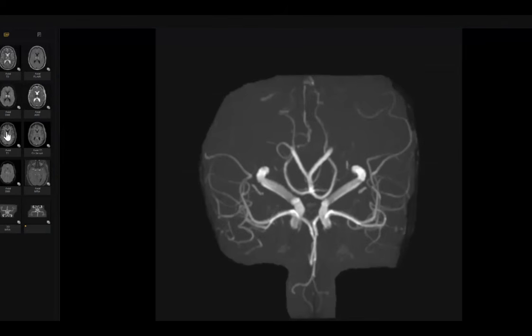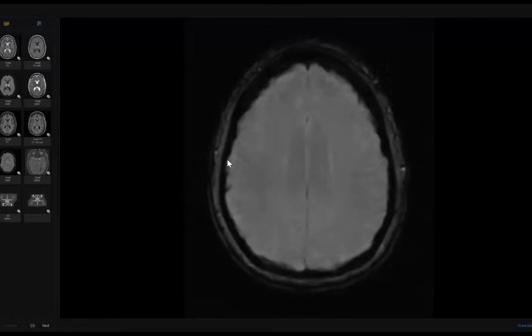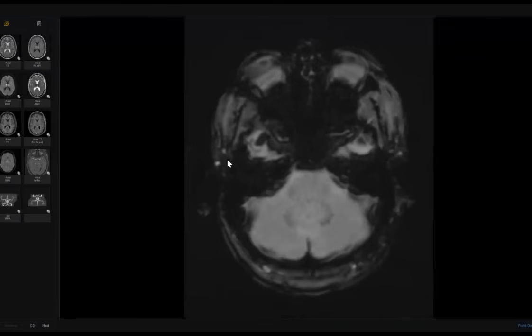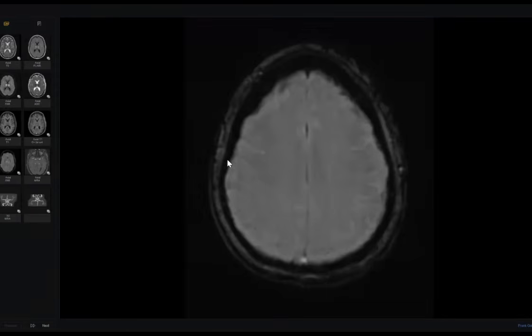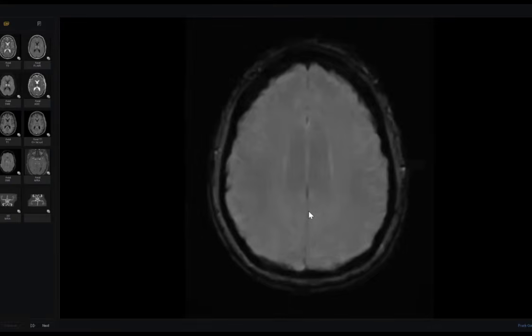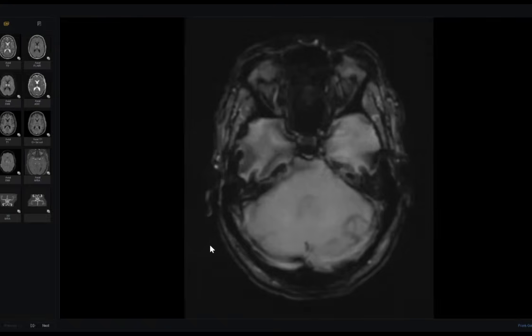Okay, my colleagues, I will give you a last bit here about the cerebral veins. What are the cerebral veins? Originally, all of us know the dural sinuses: the superior sagittal, the inferior, and the transverse sinuses.